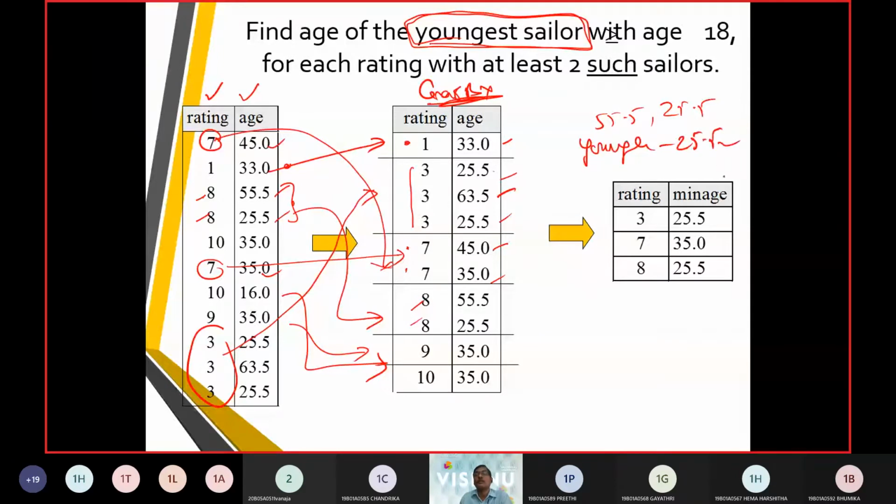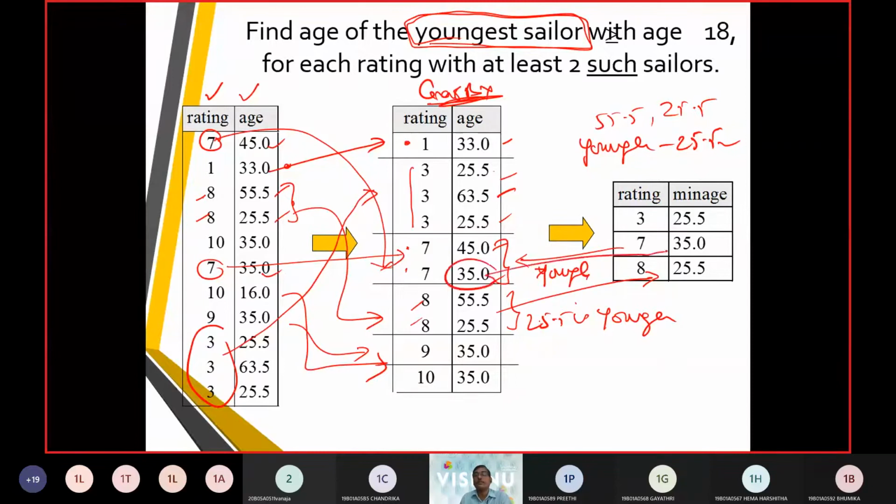So we mentioned with the younger age for 8. Then again, let us take in rating 7. So 45 and 35, younger. So younger is, we will be getting 35 here.